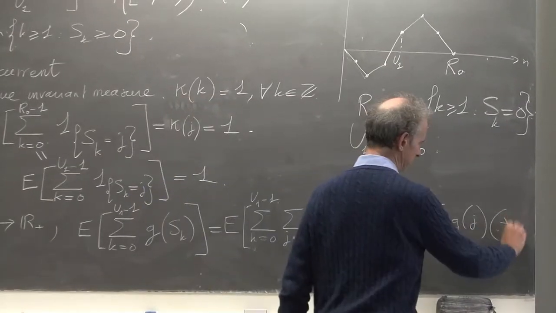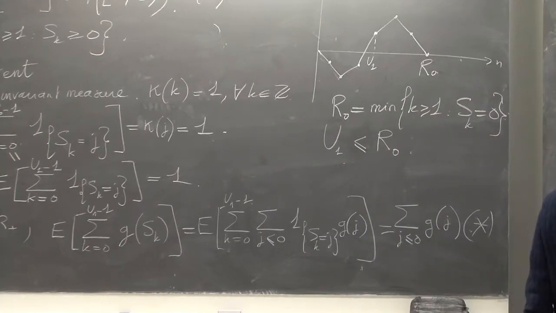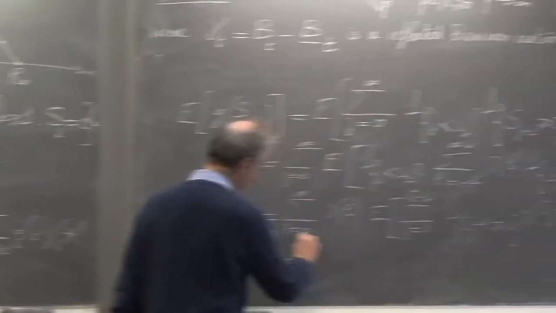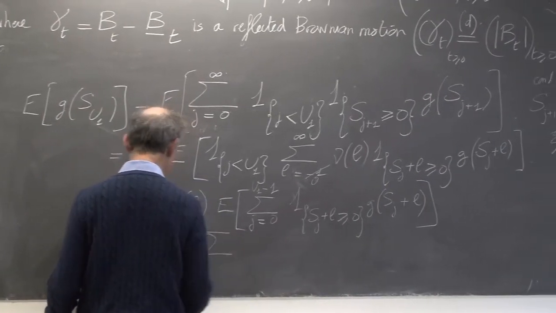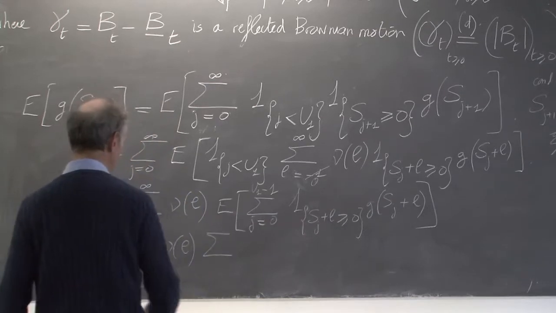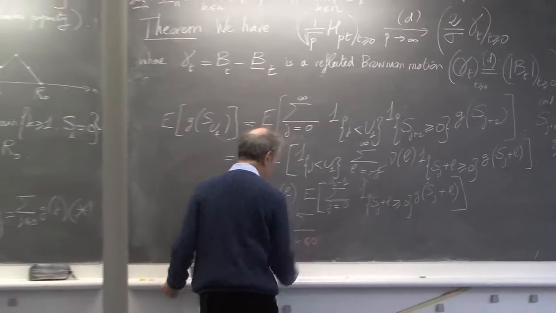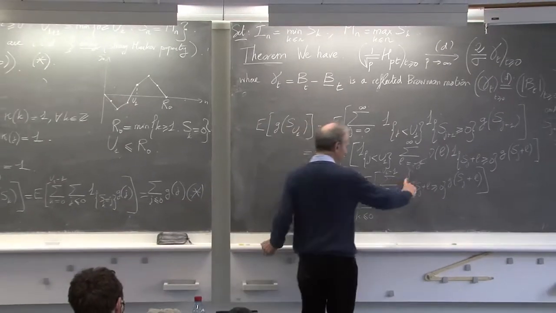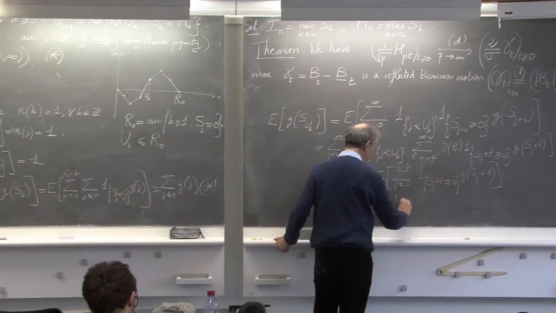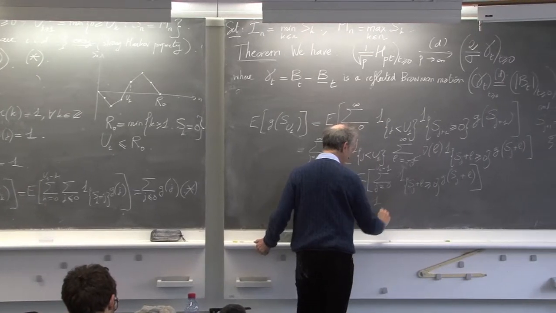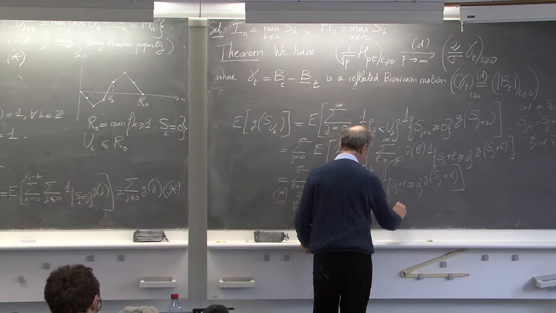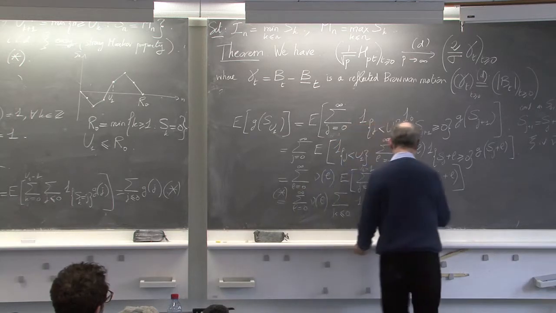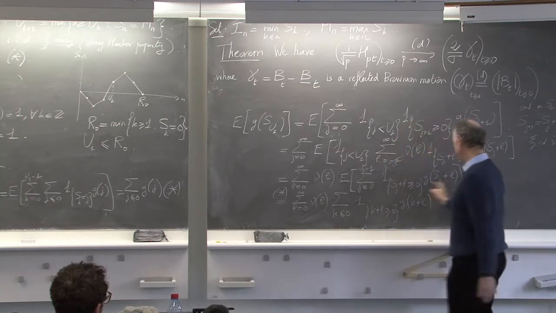So I use this equality here, this star, to write that this is the sum from L equals 0 to infinity of mu of L, sum over k negative here. What is the function you have? The function is the indicator function of k plus L non-negative, g of k plus L. It's a function I'm considering here.